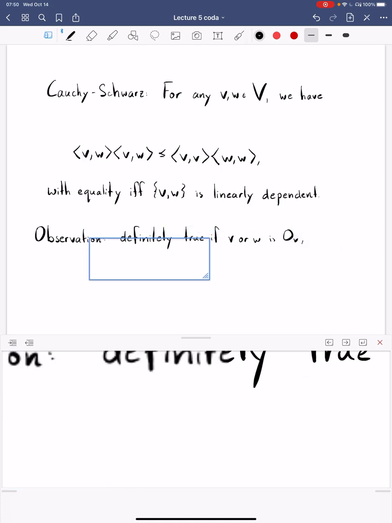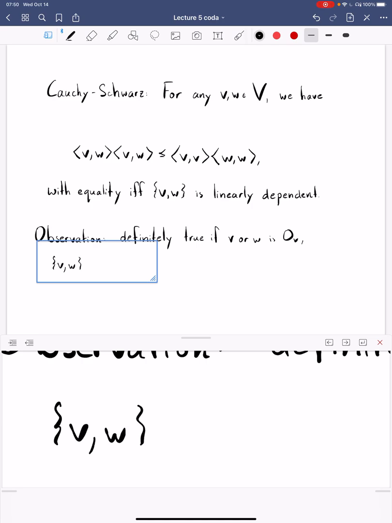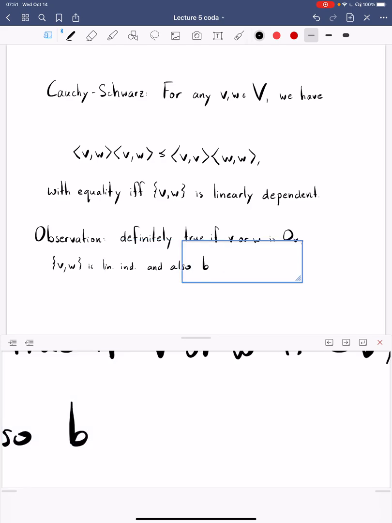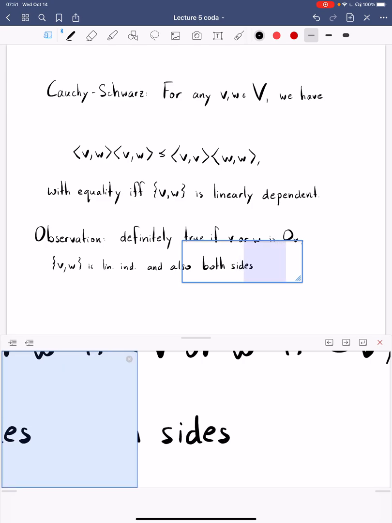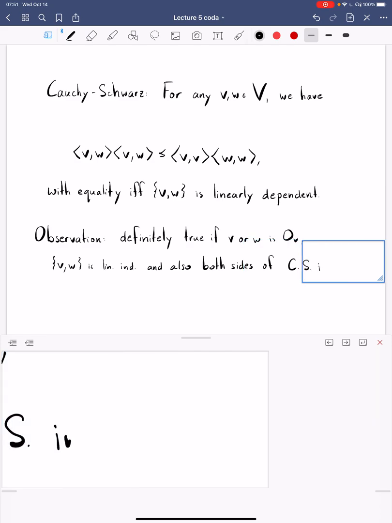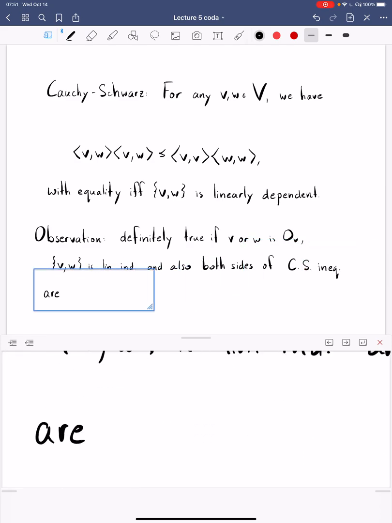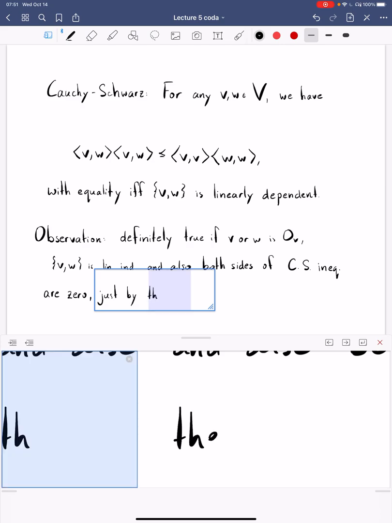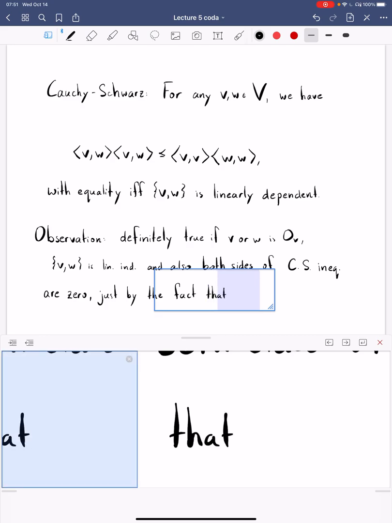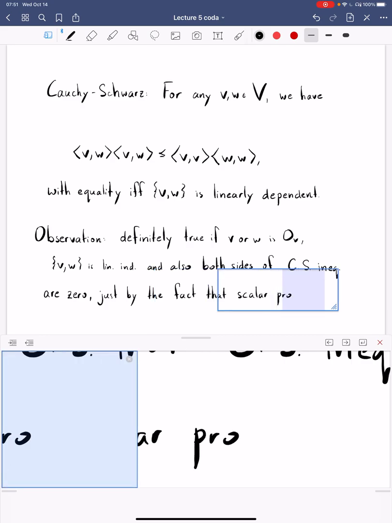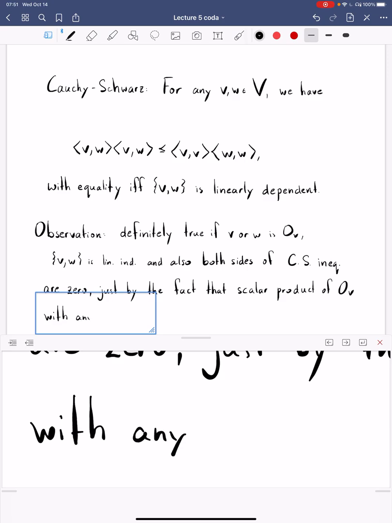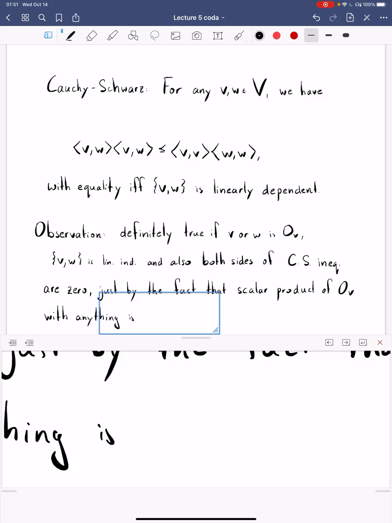Because then this set v with w is definitely linearly dependent, and also both sides of the Cauchy-Schwarz inequality are zero, just by the fact that the scalar product of 0 with anything is the number 0, right?